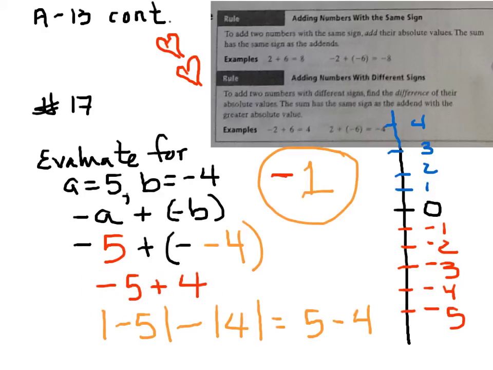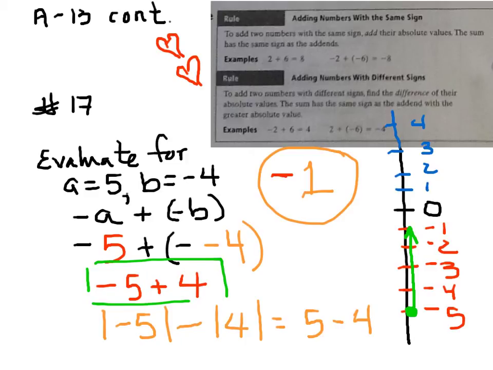So now let's do it on the number line, in a different color. We're going to start here at negative 5, and then to that negative 5 we're going to add 4. So this is the equation we're doing. We go up 1, 2, 3, 4, and sure enough, we get exactly the same answer.